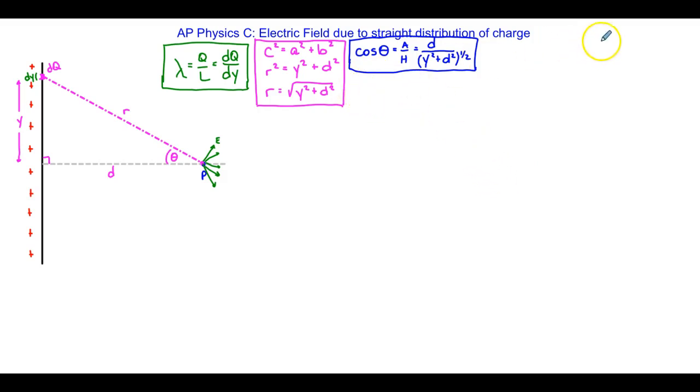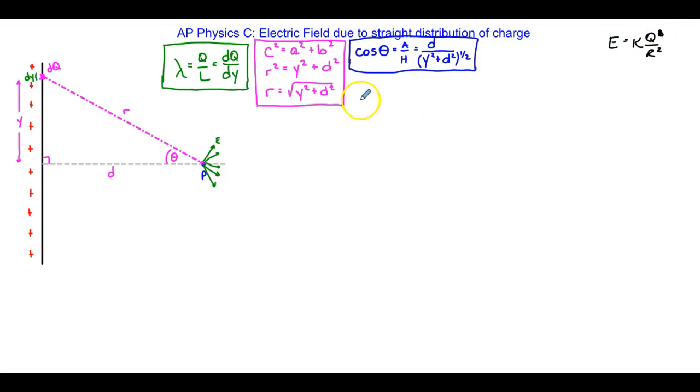More generally, I'll write this off to the right. This is given to you on your equation sheets, but we know that the electric field due to a point charge is k, which is 1 over 4 pi epsilon naught, times Q over r squared, if r was the separating distance.